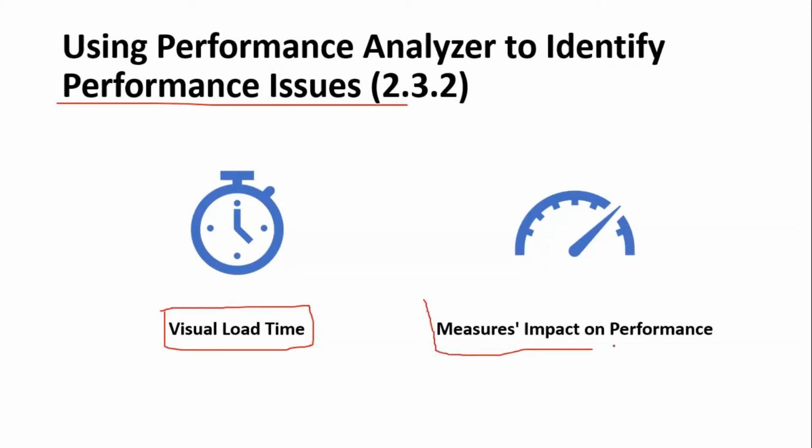Second thing is measures impact on the performance, that is, which particular measure is impacting our performance, which one consumes more time.